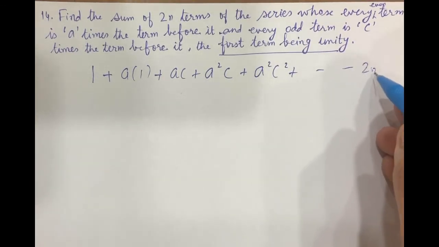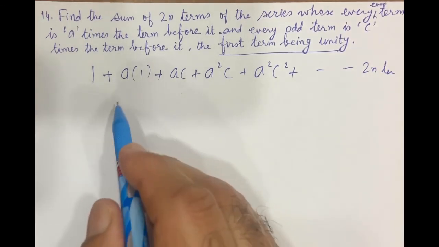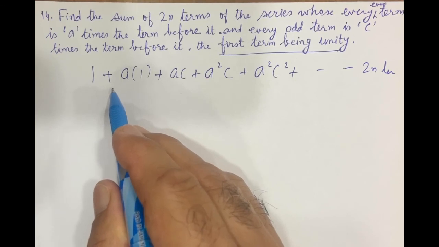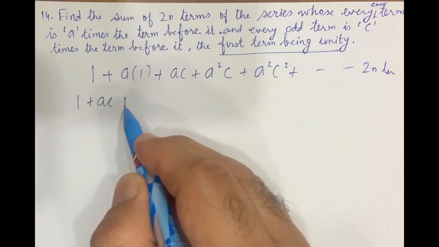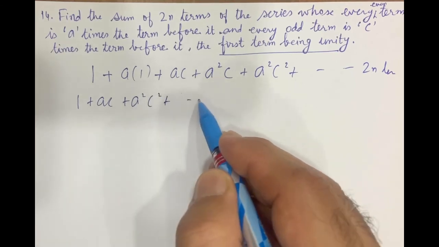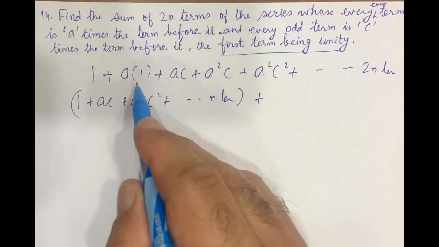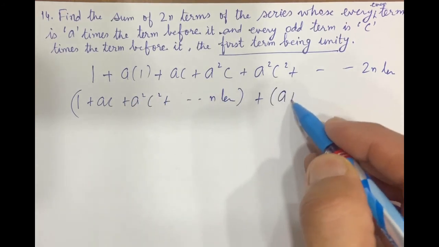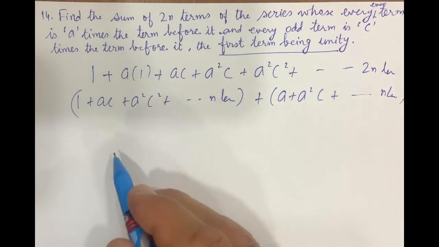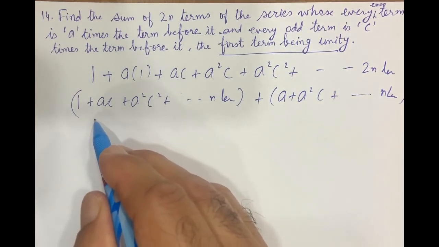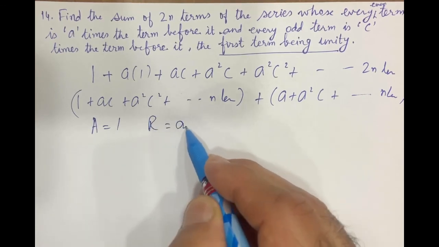So we have to find out sum of 2n terms. We can see there are two different GPs here. We write 1 then ac and then a square c square, and we write n terms of this series, plus then a plus a square c and so on, n terms of this series. This is GP with first term 1, common ratio is ac.